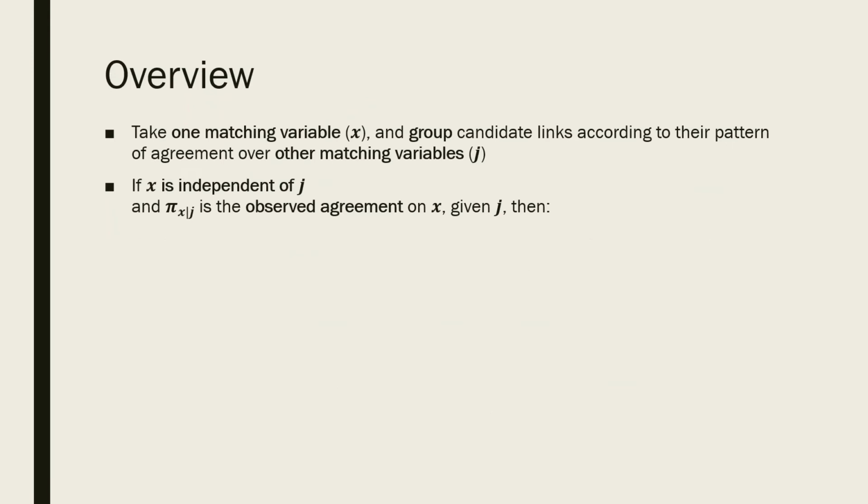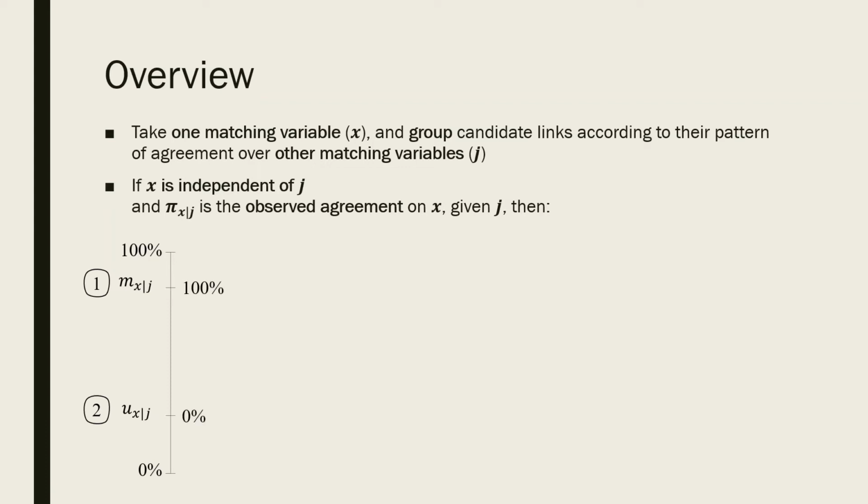So if we take one matching variable and then group all the candidate links according to their pattern of agreement over the other matching variables, and if our one matching variable is independent of those others, then we can take the M value and the U value for our one independent matching variable within any of the groups defined by their agreement over the other matching variables, and plot them on this axis.